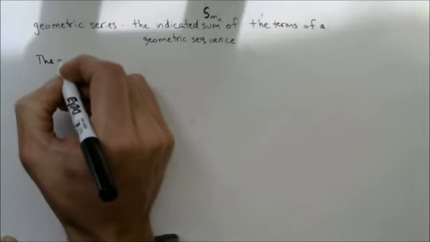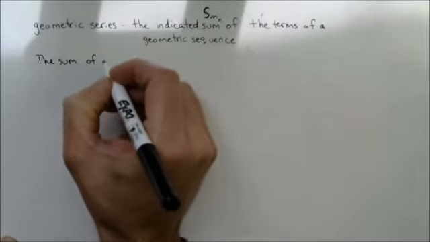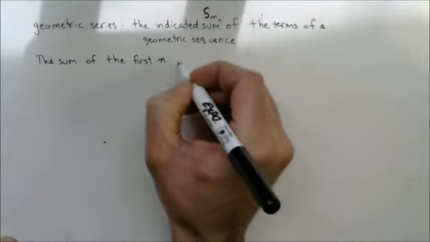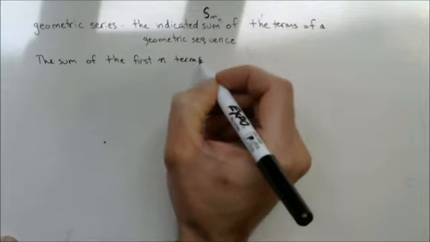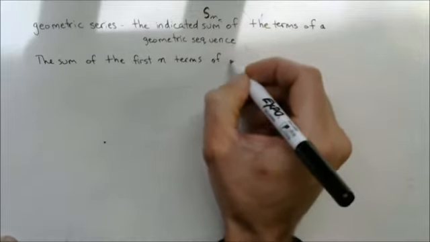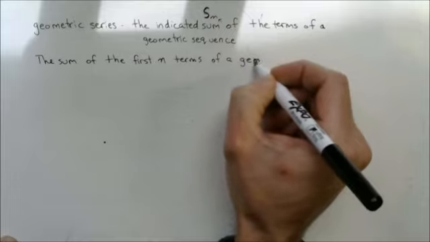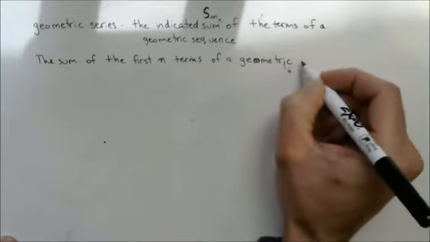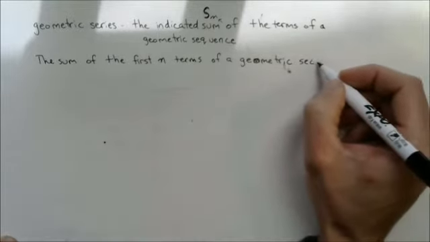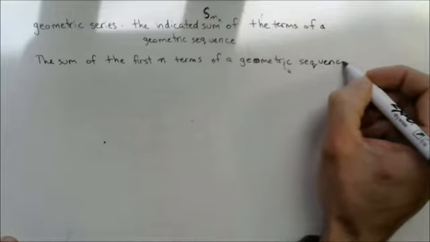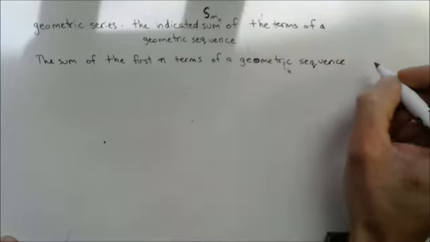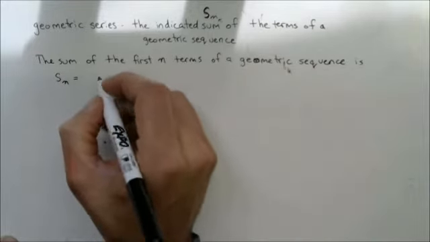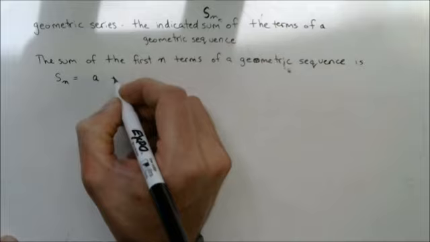So the sum of the first n terms of a geometric sequence is S sub n equals a, that's the first term.